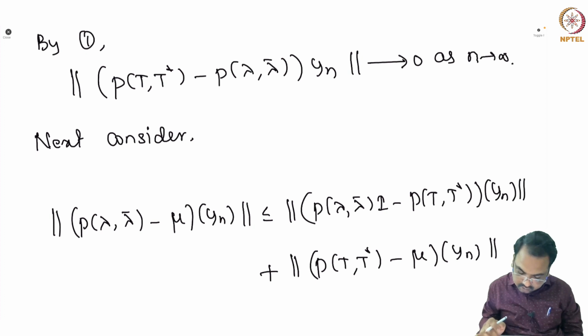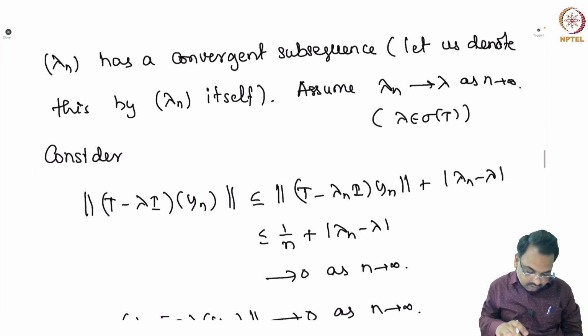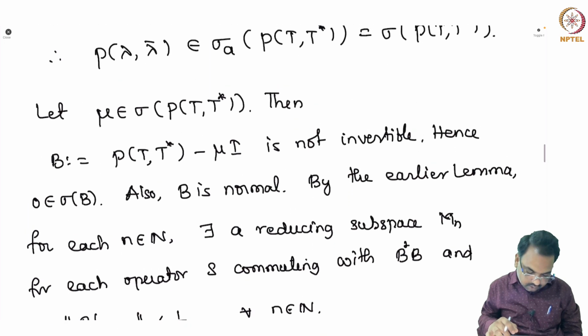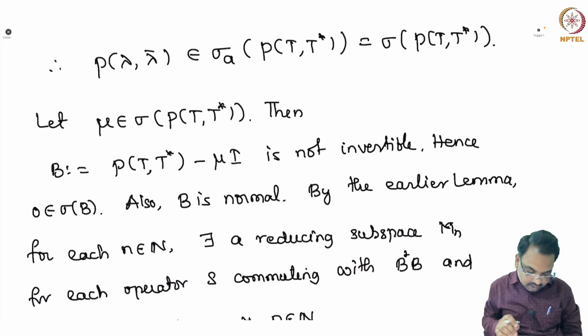Okay. Now we know that (p(lambda bar) minus p(T star)) y_n converges to 0 as n goes to infinity. Now mu is coming from the spectrum of p(T star).